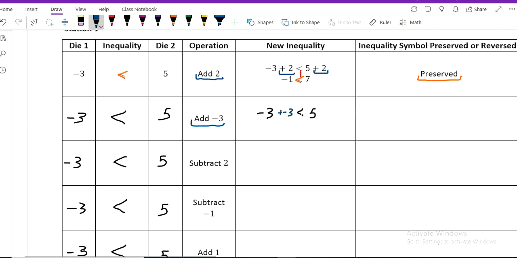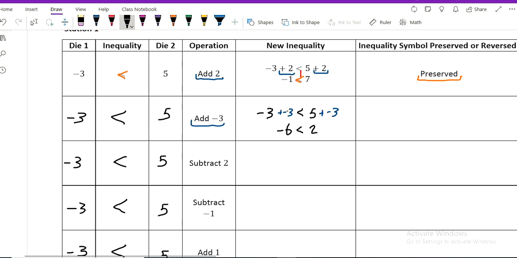So -3 plus -3 gives us -6. 5 plus negative 3 gives us positive 2.